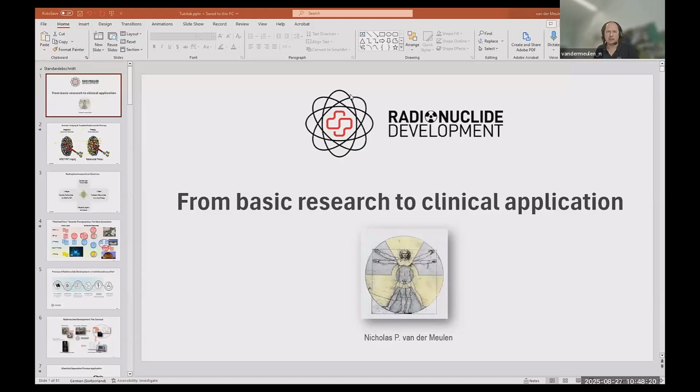Cool. Can you see my screen? Okay. I hope you can see my screen well. No, we are trying to see.